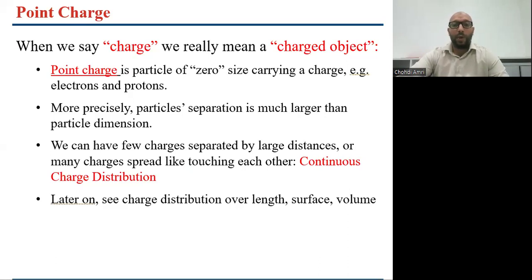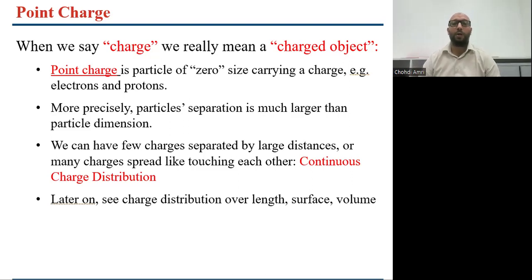More precisely, particle separation is much larger than the particle dimension. This is what 0 size means. We can have few charges separated by a distance or many charges spread, like touching each other.